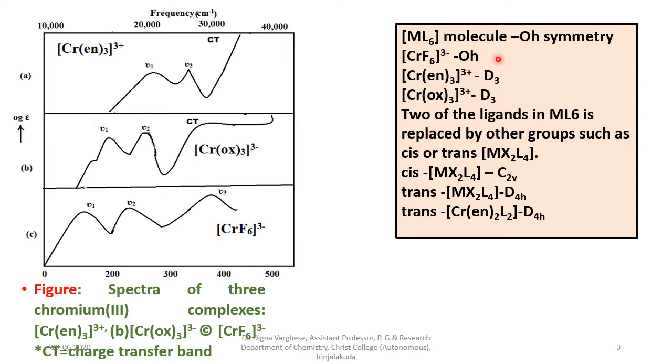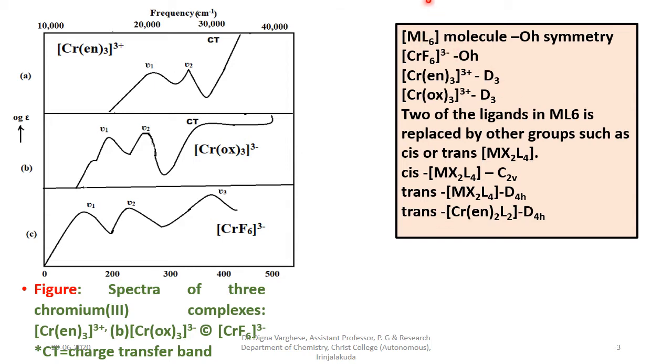If two of the ligands in a perfect ML6 molecule are replaced by other groups such as X2, then for the cis or trans isomer, cis MX2L4 has C2v symmetry and trans MX2L4 has D4h symmetry, and trans Cr(en)2L2 also gives D4h symmetry.